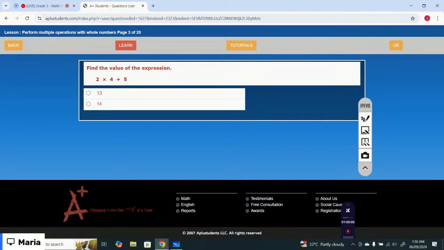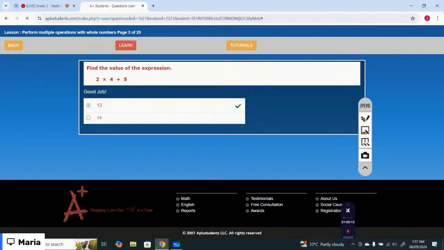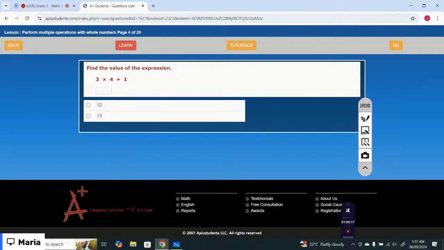The correct option is 13. 4 times 3 is 12 and 12 plus 1 is 13.